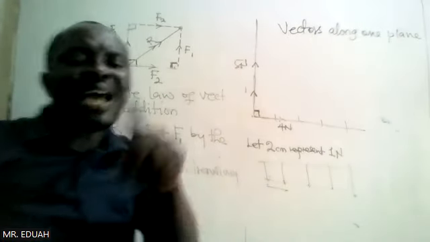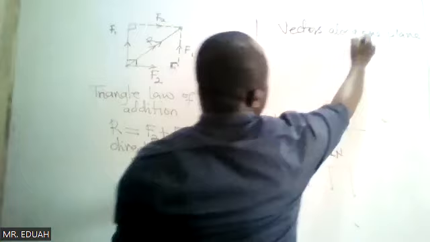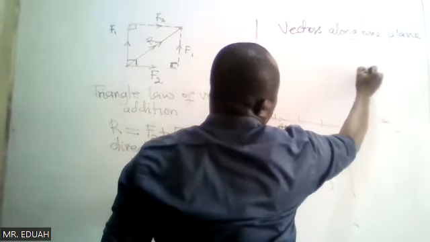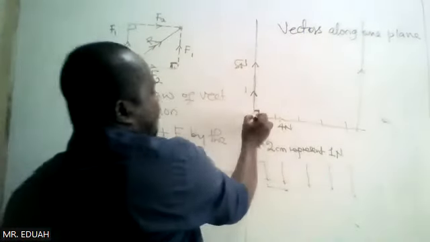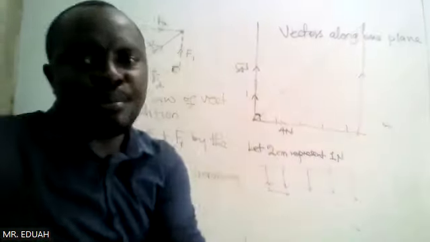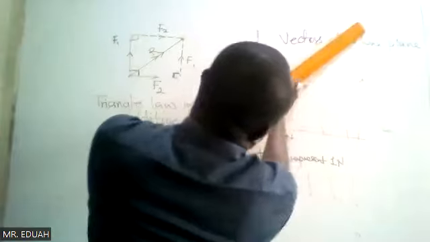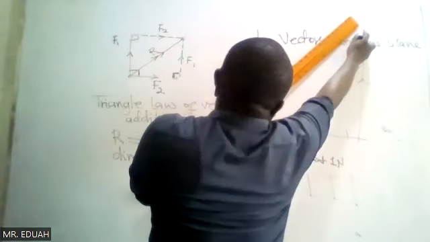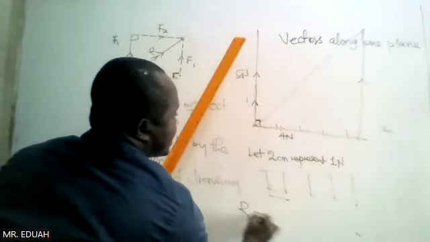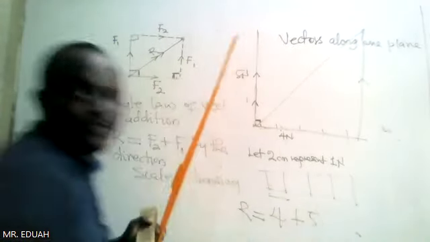Now, when I have done that, because this is to scale, I can draw the equal vector of this and put it here, the same arrow. Then I can use a ruler to measure from this point to the other end to get the resultant.